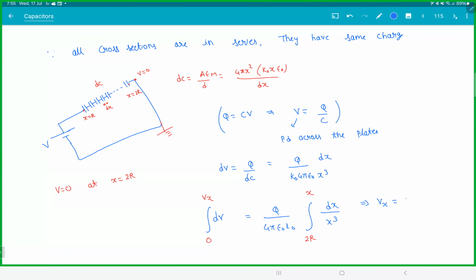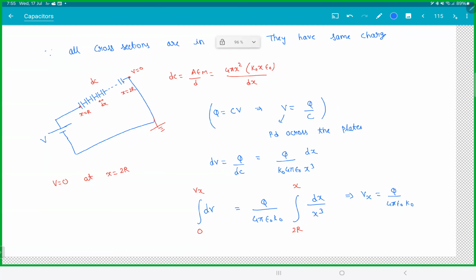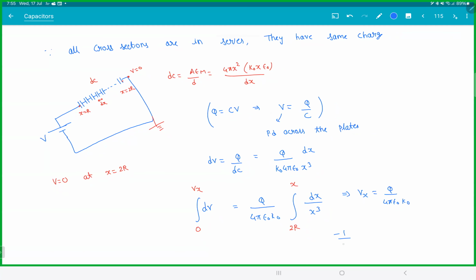So Vx would be Q by 4 pi epsilon K naught, that is minus 1 by 2x square, and put the limits. So that will be Q by 8 pi epsilon K naught minus, that will be 1 by 4R square.